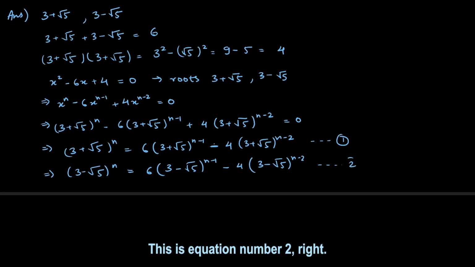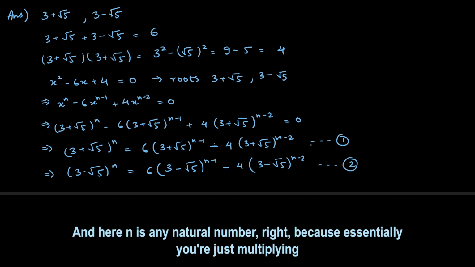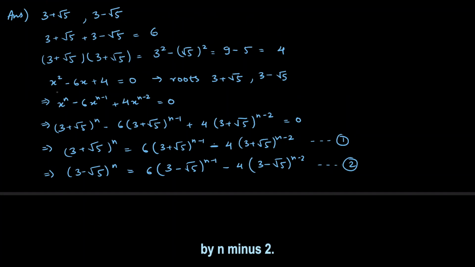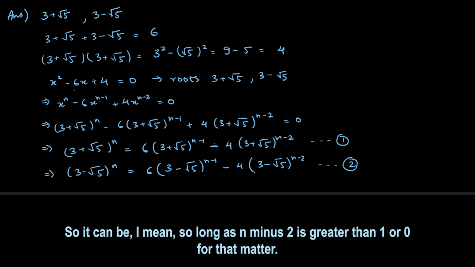This is equation number 2. And here n is any natural number, because essentially you're just multiplying by x^(n−2), so long as n − 2 is greater than or equal to 0.